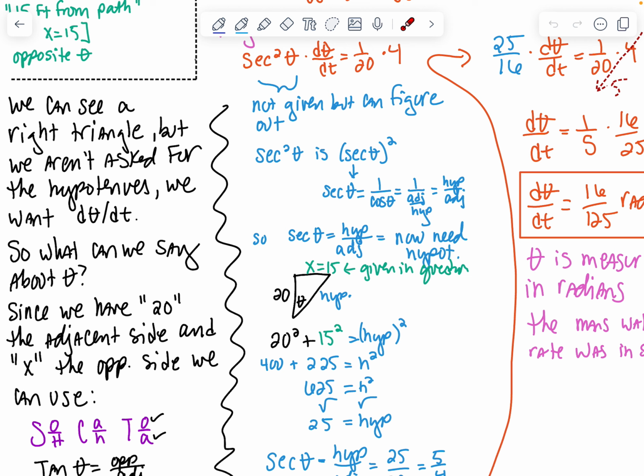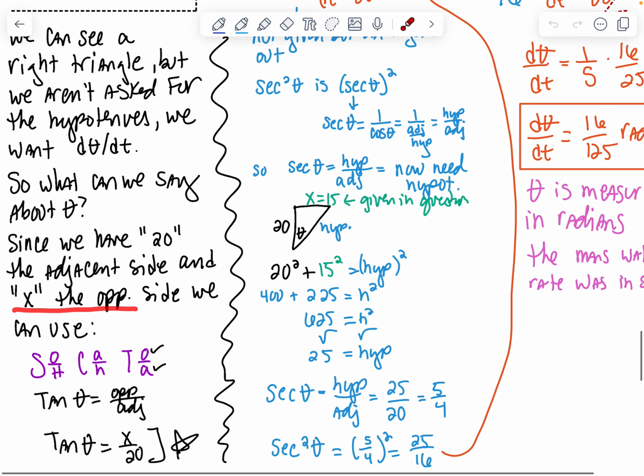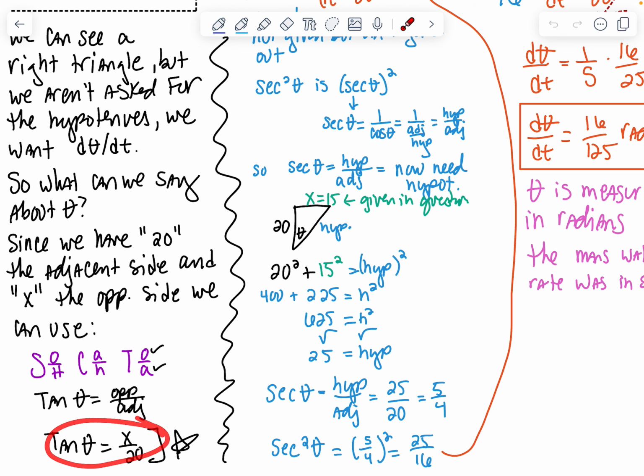We know the adjacent side is 20 feet, and we have x, the opposite side. So thinking of SOHCAHTOA, if we have the adjacent and the opposite, that means we have the information for finding the tangent. The tangent of theta is the opposite side divided by the adjacent side. The opposite side is just x, it's not a value, but the adjacent side is 20.